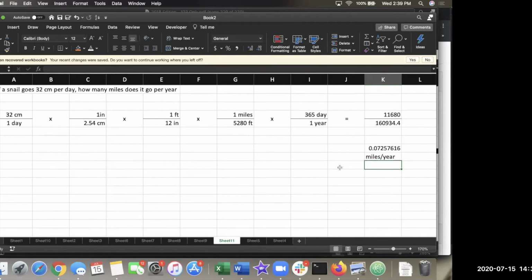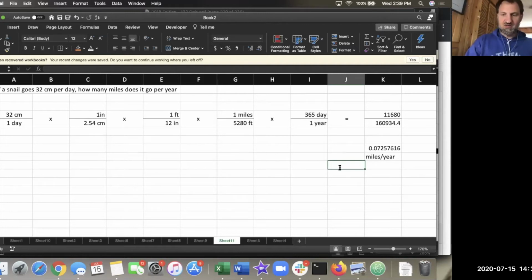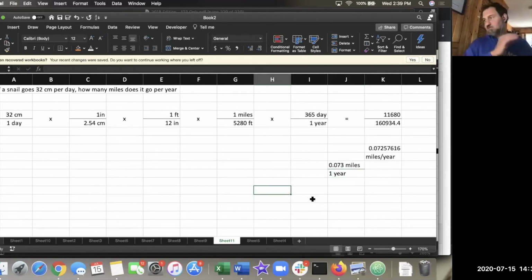Yeah, if we're expressing it as a ratio, I'm just going to go 0.073 miles for every 1 year, right? So interpreting it would be again about interpreting ratios. For every year, the snail is going 0.073 miles.